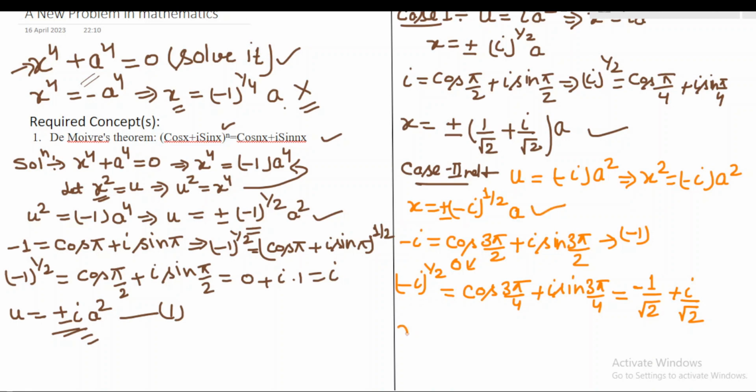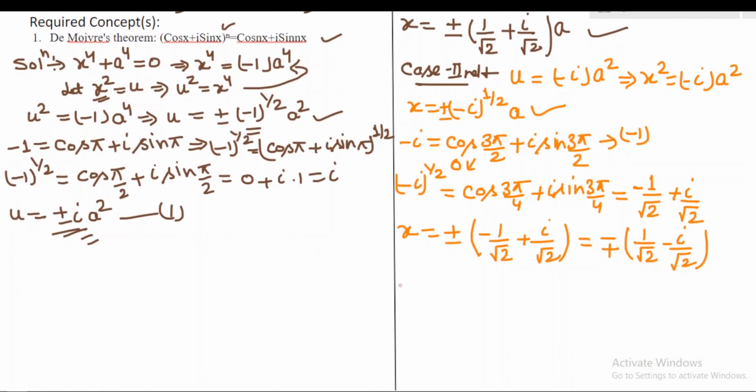We will have x equals plus minus 1 upon root 2 plus i upon root 2. By taking minus common, we will have minus plus 1 upon root 2 minus i upon under root 2. So here we are having the desired roots of x.